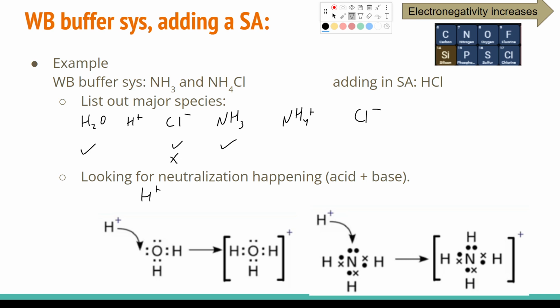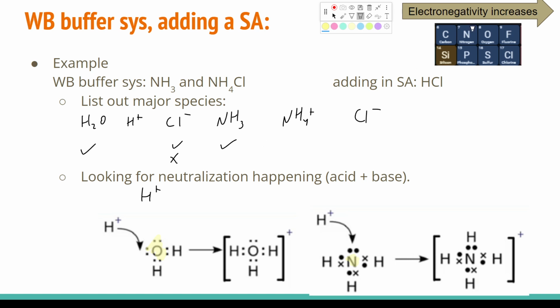So in this case, let's highlight it. We're looking at the oxygen over here versus the nitrogen over here. And so we're looking at the electronegativity of these. So remember, it increases going left to right.